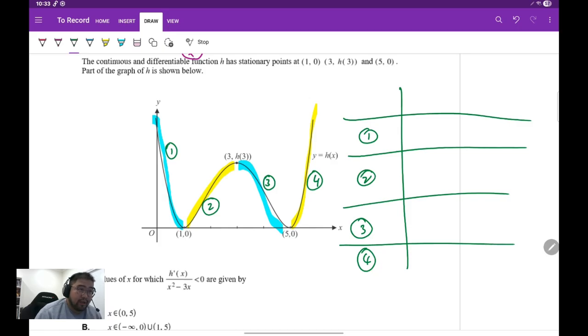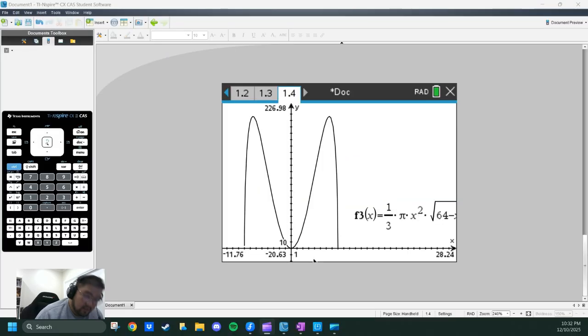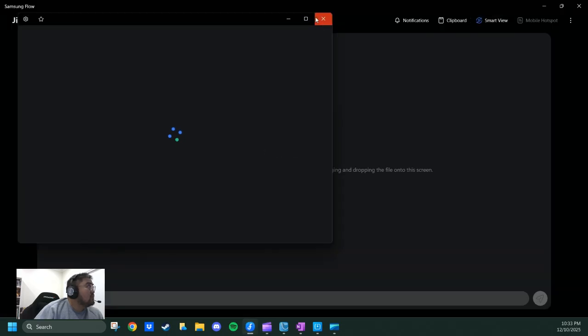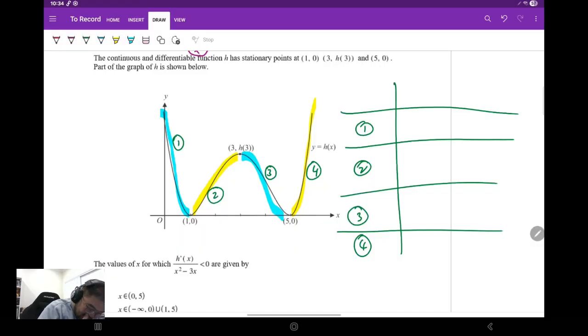Oh, sorry, there's actually 5 sections. We should probably consider the 5th section. The 5th section is over there, so I'm going to write this as 0. Table going at the top.